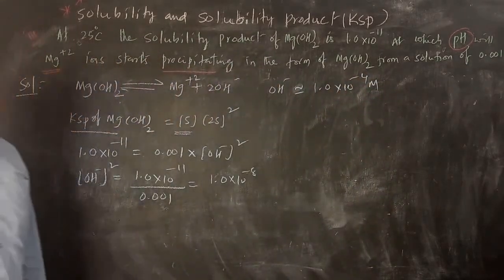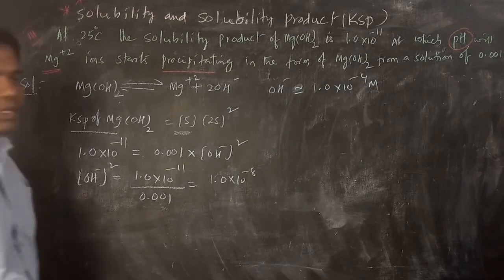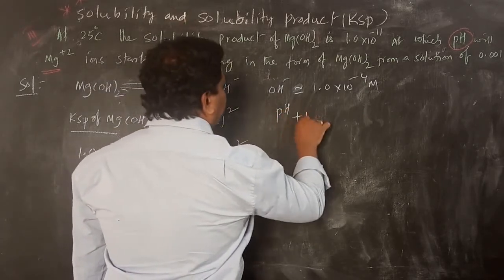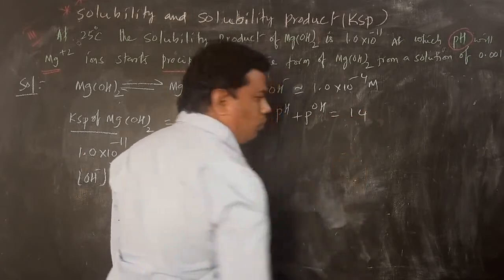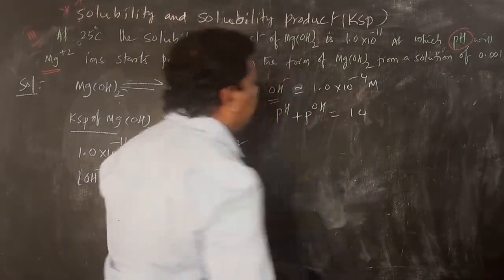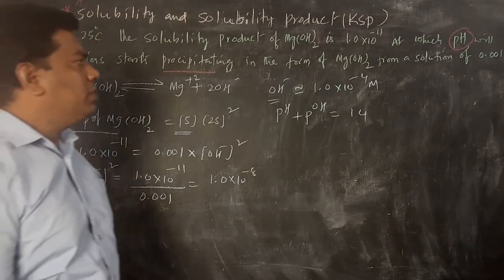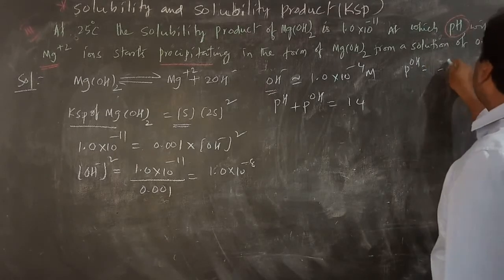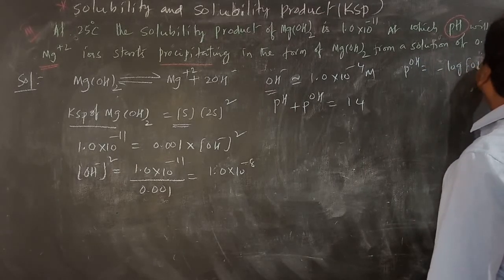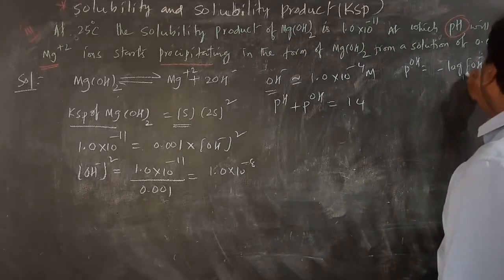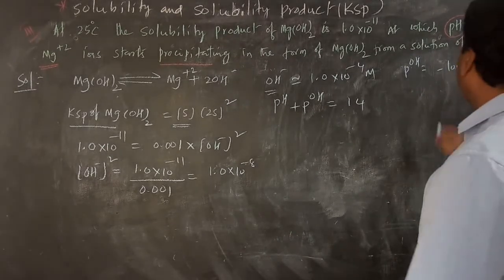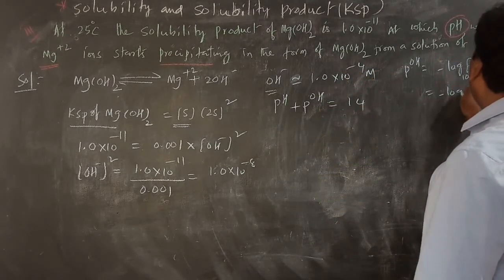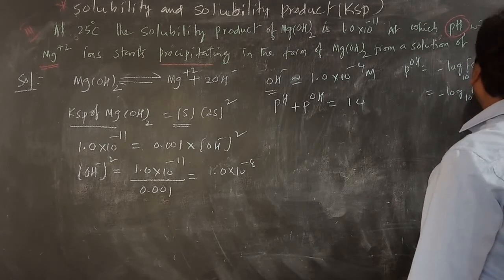OH minus is equal to 1.0 into 10 power minus 4 mol per liter. We know pH plus pOH is equal to 14. pOH is equal to minus log of the OH minus ion concentration, that is minus log 10 to the power of minus 4.